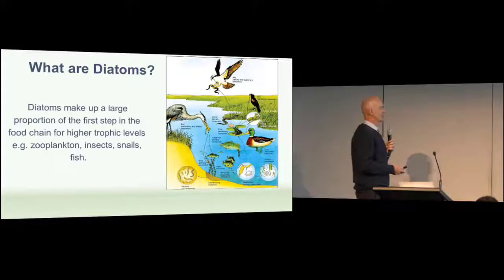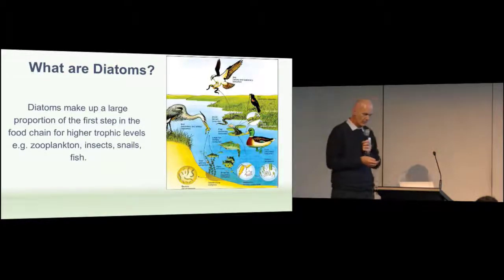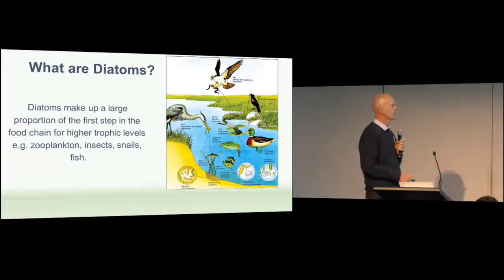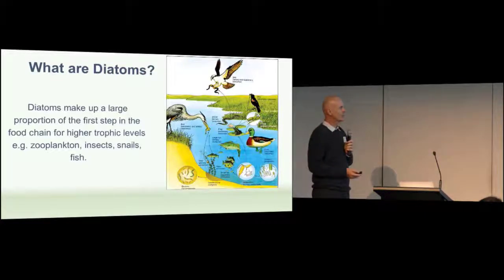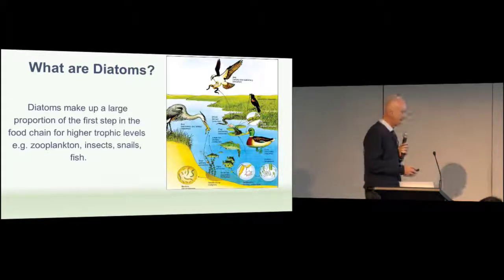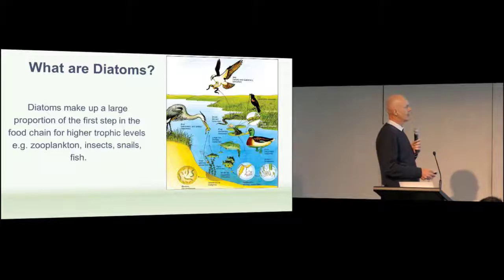The cool thing about diatoms is that whilst they are taking up nutrient, they're also at the bottom of the food chain. They're down here in this picture, and we've seen a number of different cycles and systems for water and nature today.